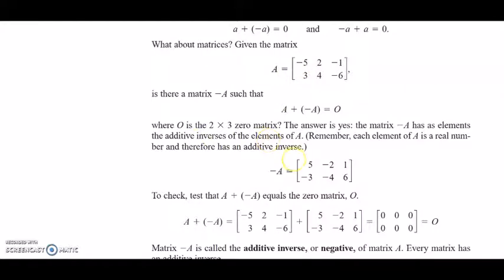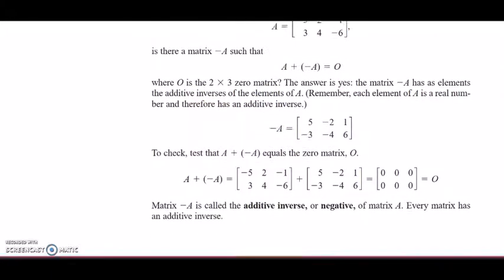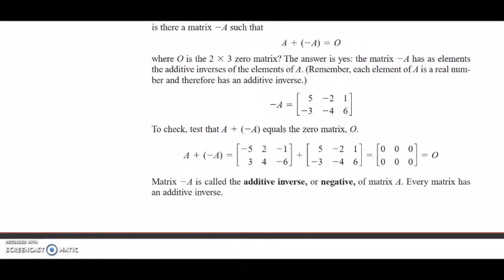To do this, they walk you through an example where they check that. So -5 plus 5 does give me 0. 2 plus -2, -1 and 1. And you get the gist.